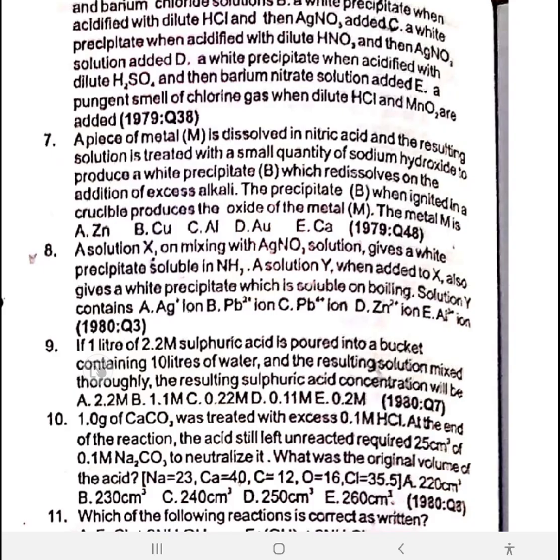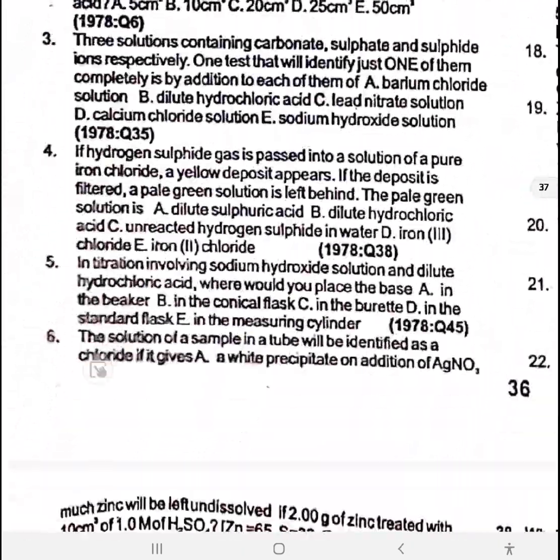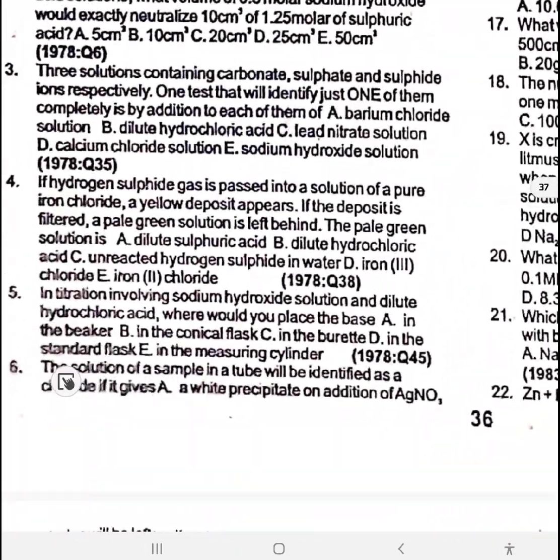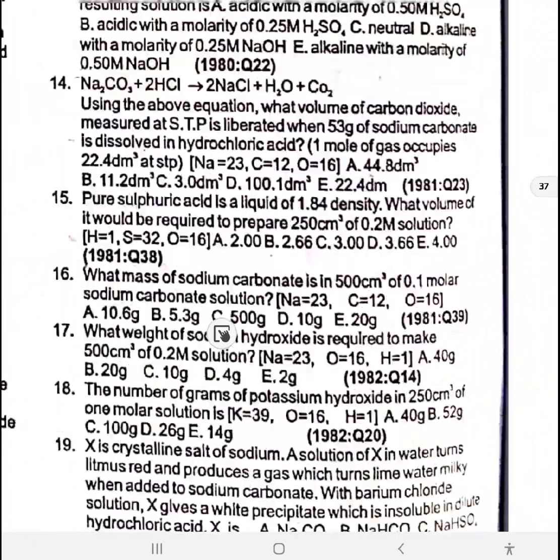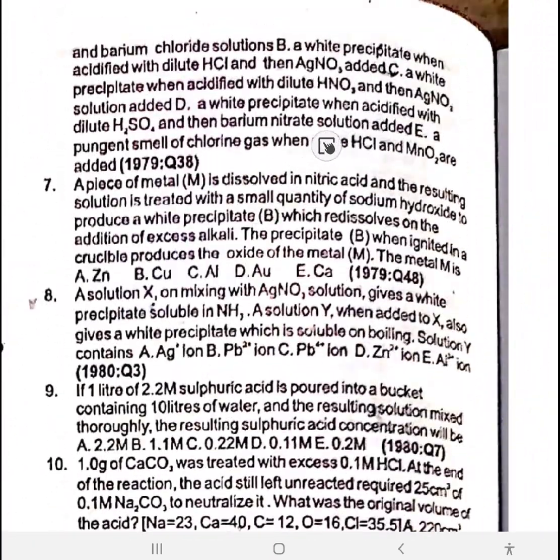I want you to jot it down like this. Test for chlorides, because from our question here, number 6, you could see they say the solution of a sample in a tube will be identified as a chloride when it gives a white precipitate with acidified dilute HNO3 and then silver nitrate.